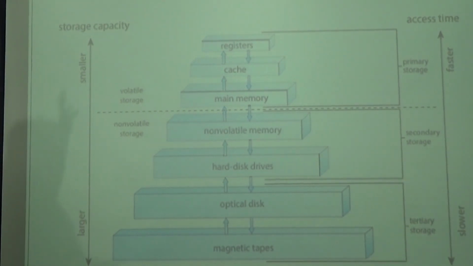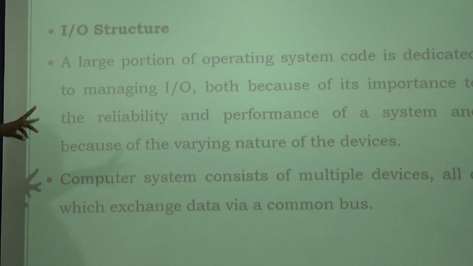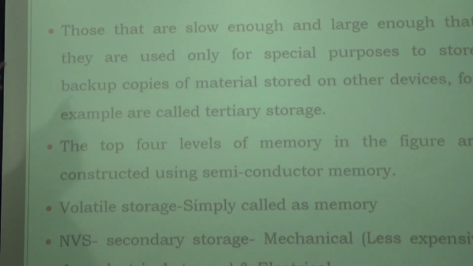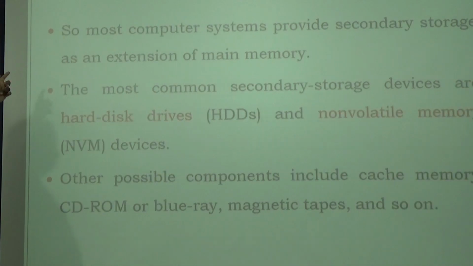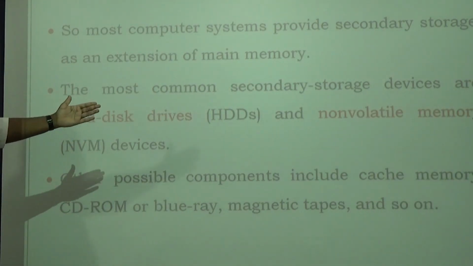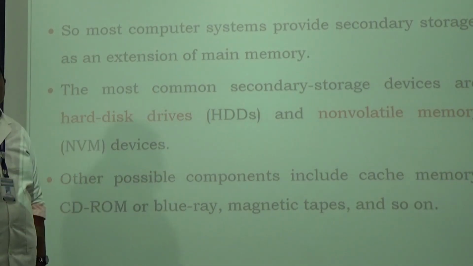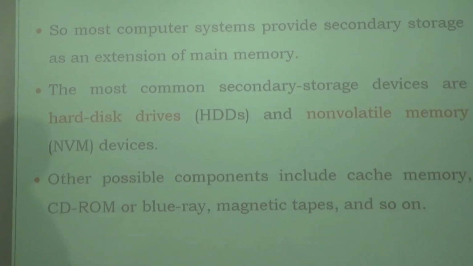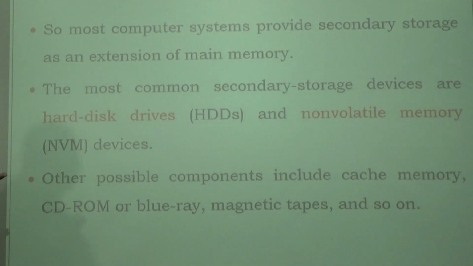These are the computer system organizations that were explained in these slides. We have seen in the architecture the non-volatile memory, which is the hard disk drives. It's all called secondary storage, along with others like CD-ROM, Blu-ray, magnetic tapes, and so on.